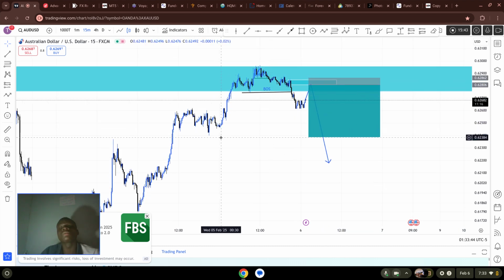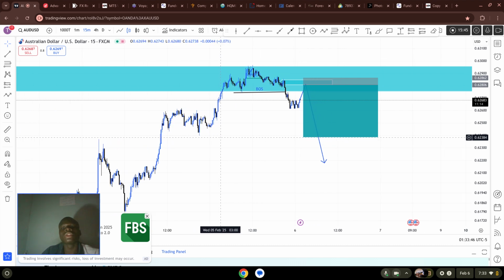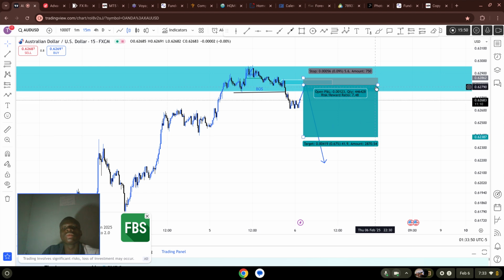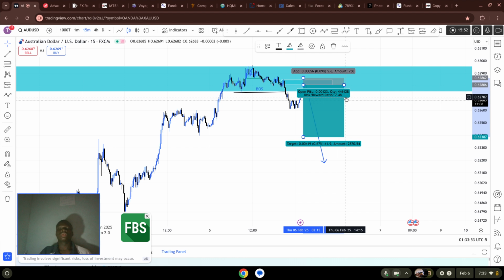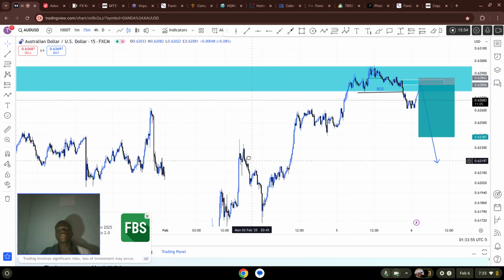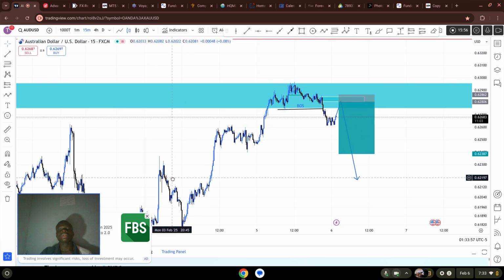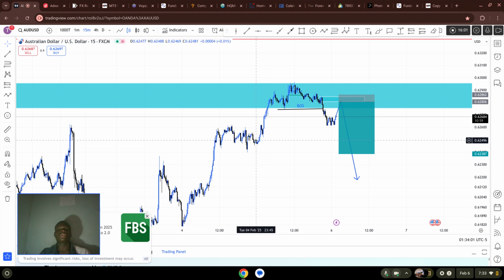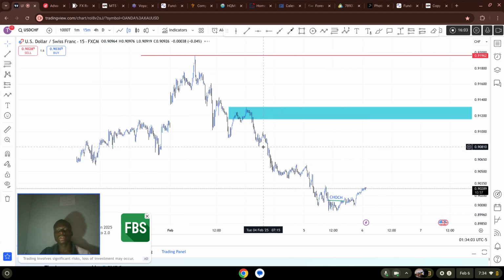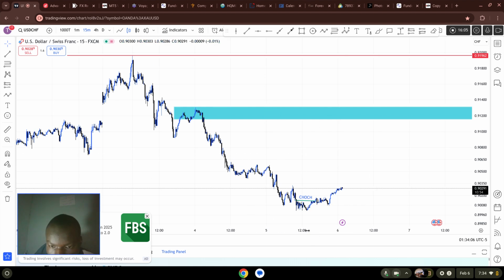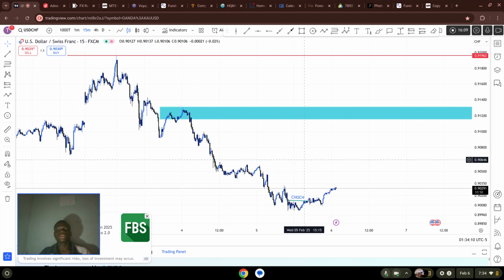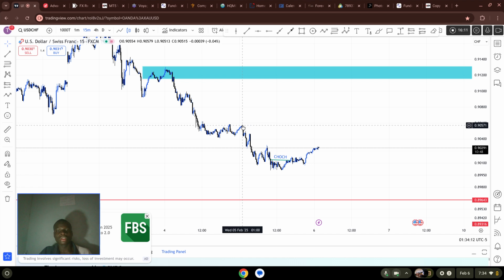So I'm expecting the structure. You see the character pullback very near with this point here.